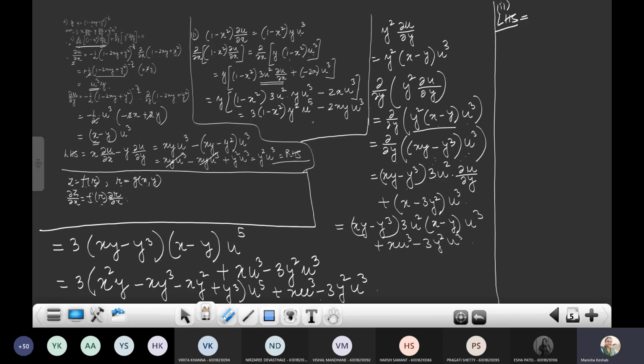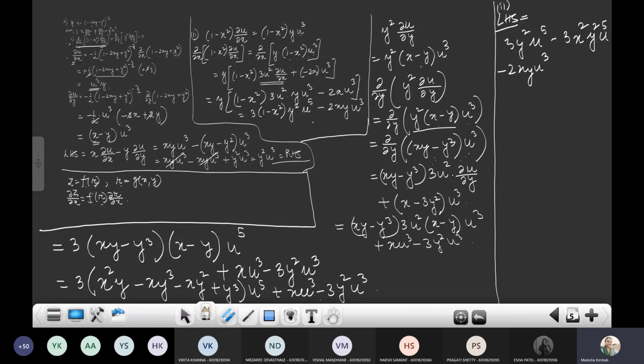So let us again simplify this. So we'll get 3y square u power 5 minus 3x square y square u power 5 minus 2xy u cube.